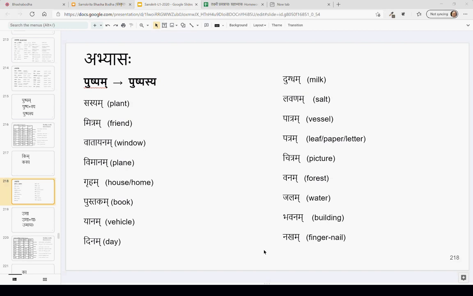Which question word are we going to use in place of pustakasya? Kasya patram. Okay, one more word. मित्रं, मित्रस्य भवनं. अस्तु, धन्यवादः.